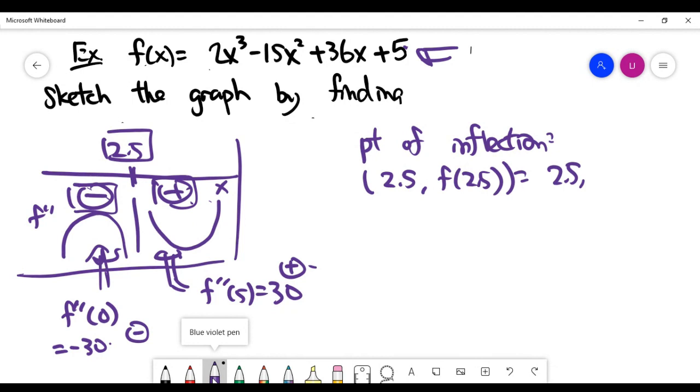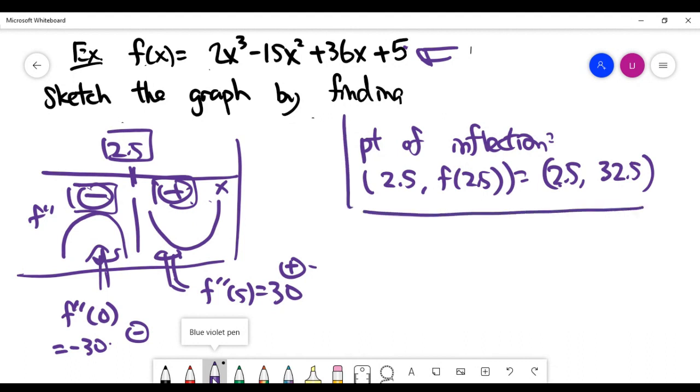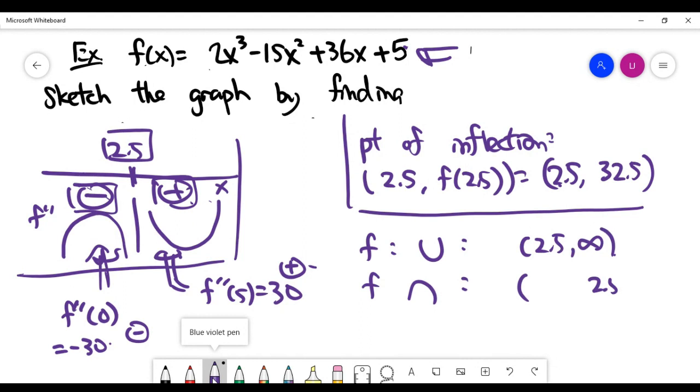Then you can get that the y coordinate of this point is actually 32.5. So we have only 1 point of inflection, and f is concave up when it is after the x value 2.5 up to infinity, and f is concave down for the interval of all values less than 2.5.